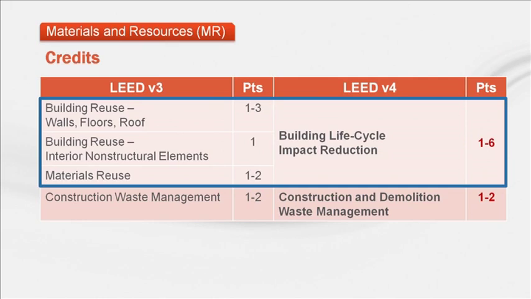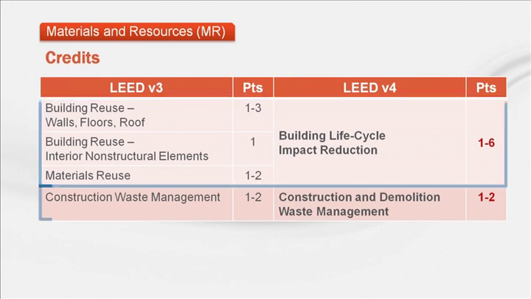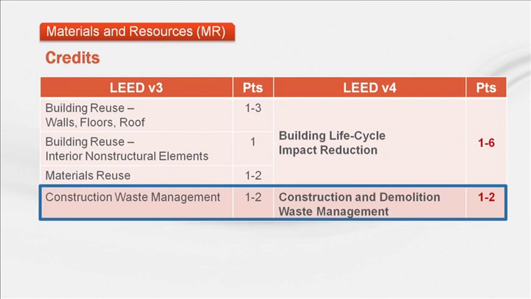The only option that is similar to LEED version 3 is the third option that awards points for reusing structural and non-structural elements. As for another change, new requirements related to demolition activities have been added to the construction waste management credit.